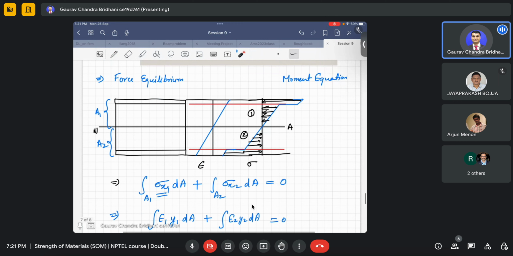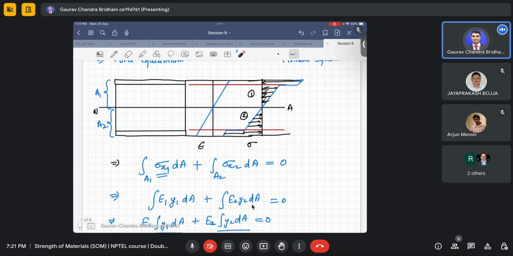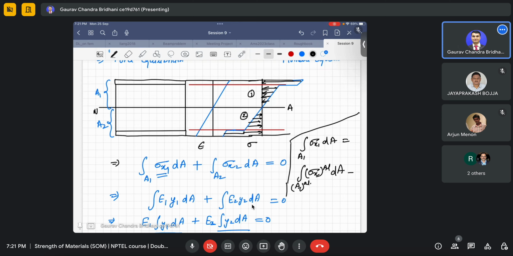Okay. So, I will write here. See, your integral A1 sigma x1 dA you can write as integral over aluminum of sigma x aluminum dA plus integral over plastic of sigma x plastic dA, like that you can write.